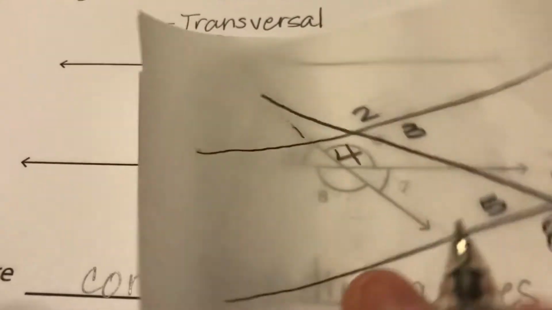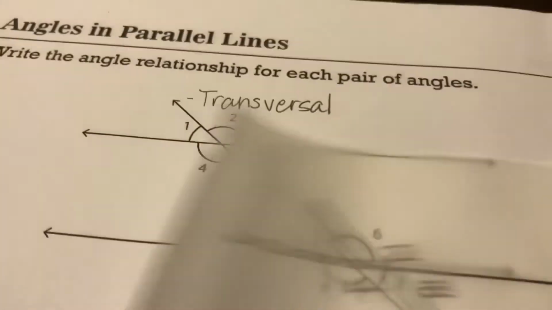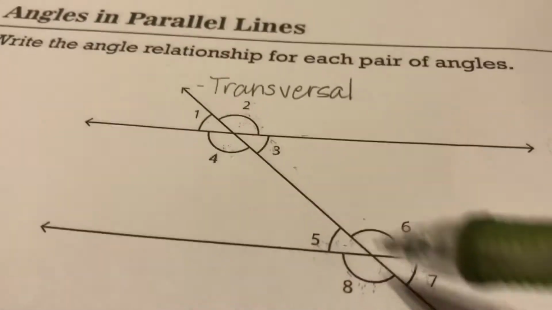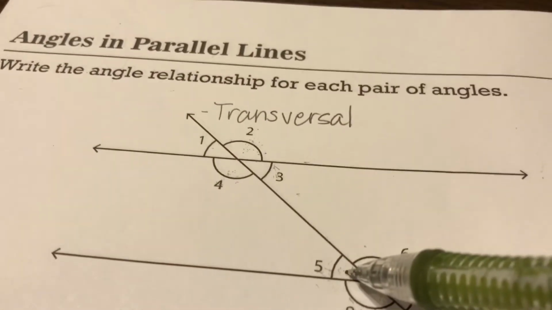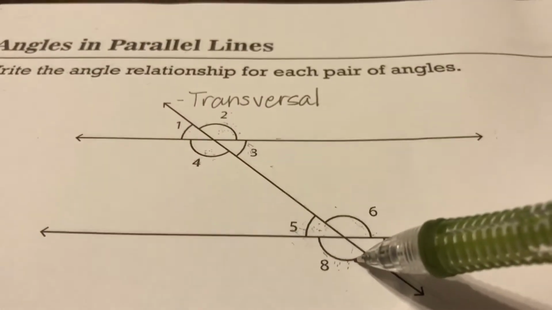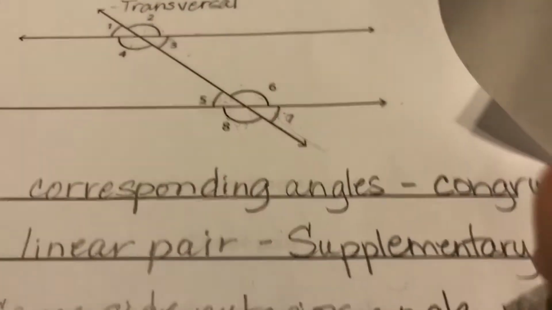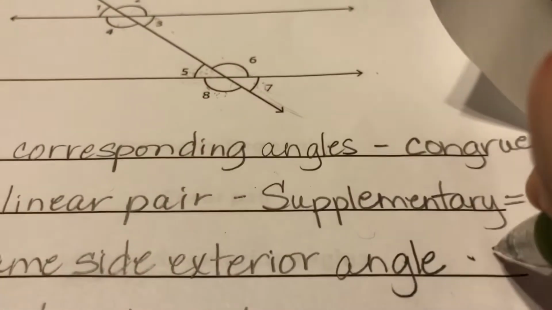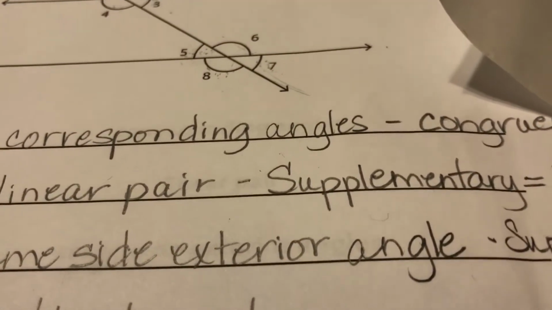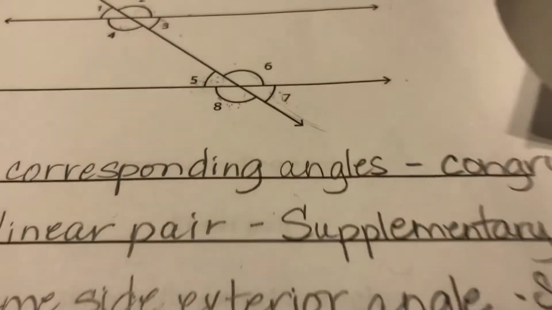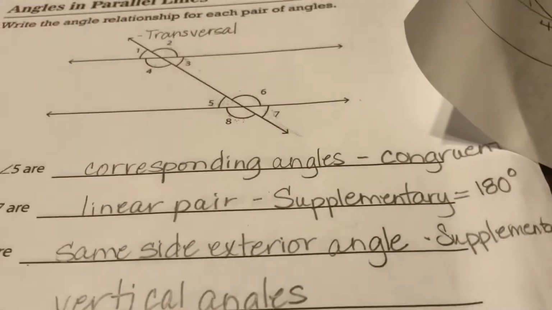However, I know that angle 1 and angle 5 are congruent, and I know that angle 5 and angle 8 are a linear pair. They're supplementary. So if 1 equals 5 and 5 and 8 are supplementary, that means 1 and 8 have to be supplementary also. So those same side exterior angles would be supplementary. They would also make a straight line, and they would also equal 180.